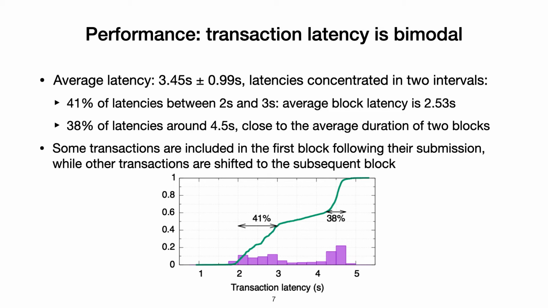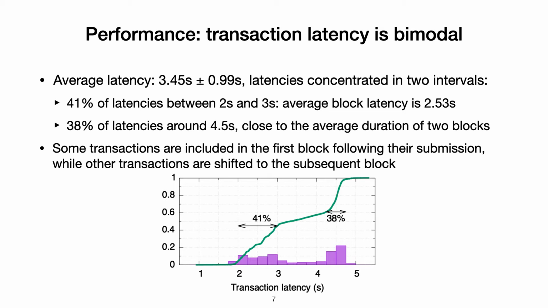To understand why this happens, we have to consider the journey of a transaction from the client until it is included in a block. The client submits the transaction to a validator, which disseminates the transactions to all validators via the mempool protocol. Among the validators, there is one which is responsible for proposing the next block of transactions.